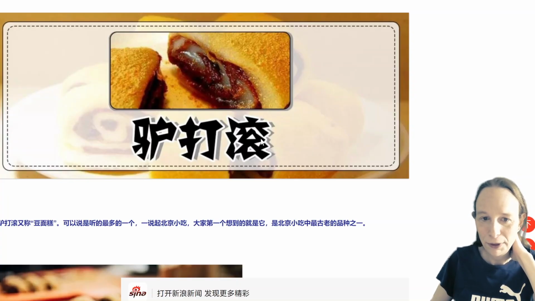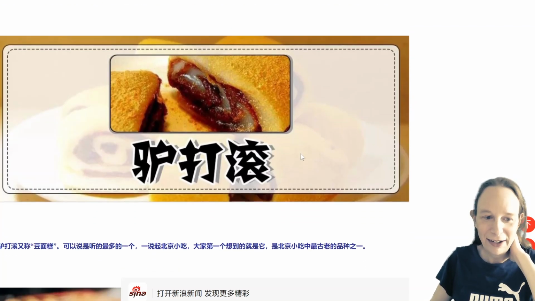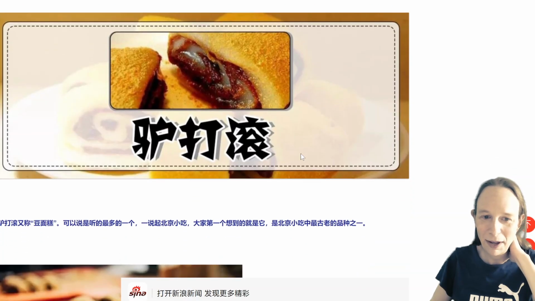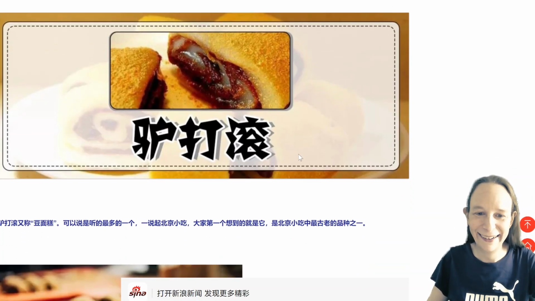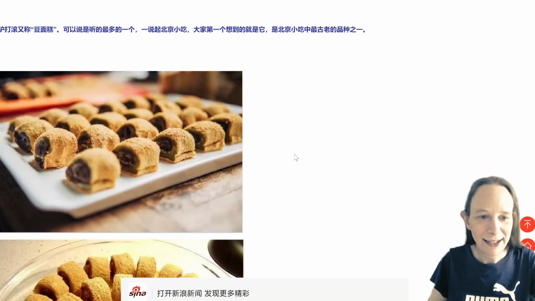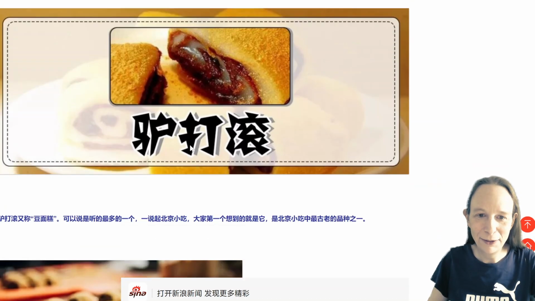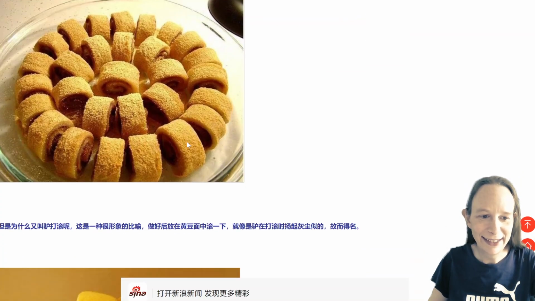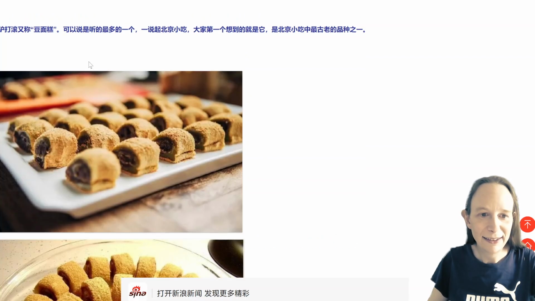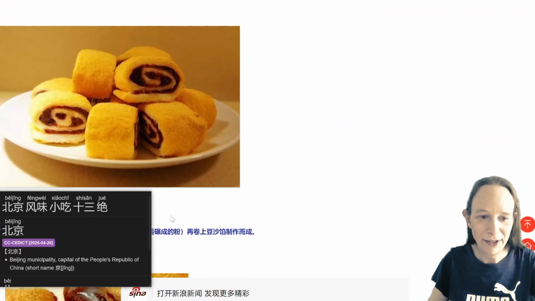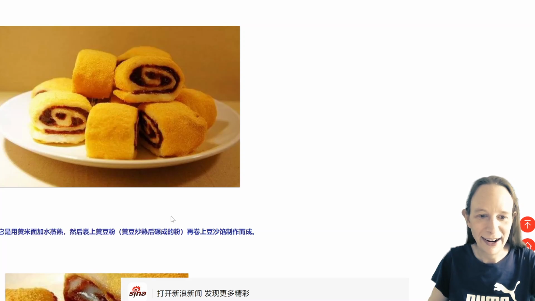Lü Da Gun. Donkey Da Gun. I don't know if it actually contains donkey. I mean, yeah, maybe. It doesn't look like it contains donkey though. I think it's just the name. Oh, it won't let me click and hover. Oh, all right.